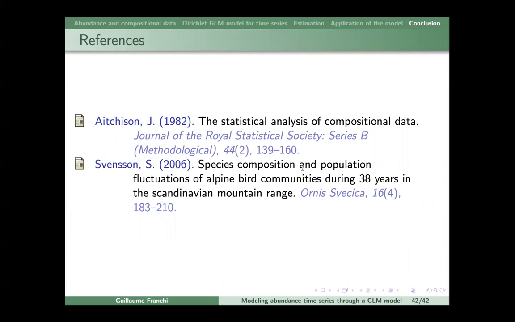From my point of view, it would be interesting, but maybe some more experienced ecologists would answer differently. I think it would be interesting to adapt this kind of model to standard abundance with real counts of species.